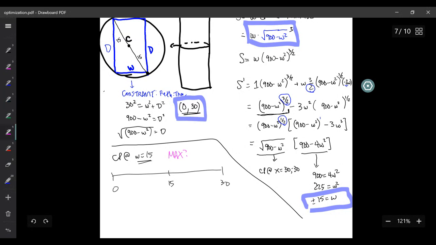So we're going to pick representative points, let's say 1 and maybe 20, and plug them into the first derivative. This is the simplest version of my first derivative, so I'm going to plug into that.